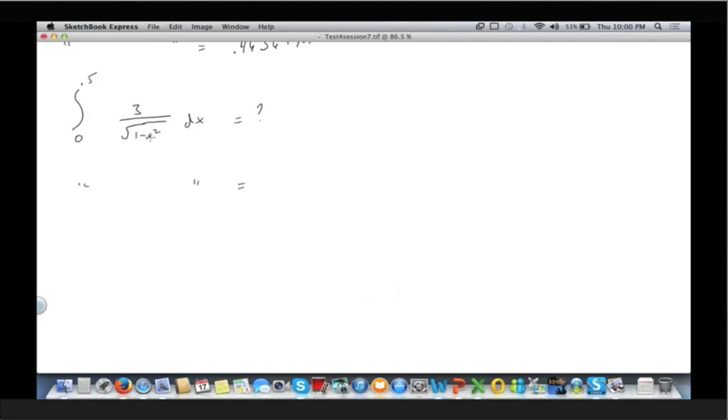Okay, so you can rewrite this as 3. Okay, this is inverse sine.